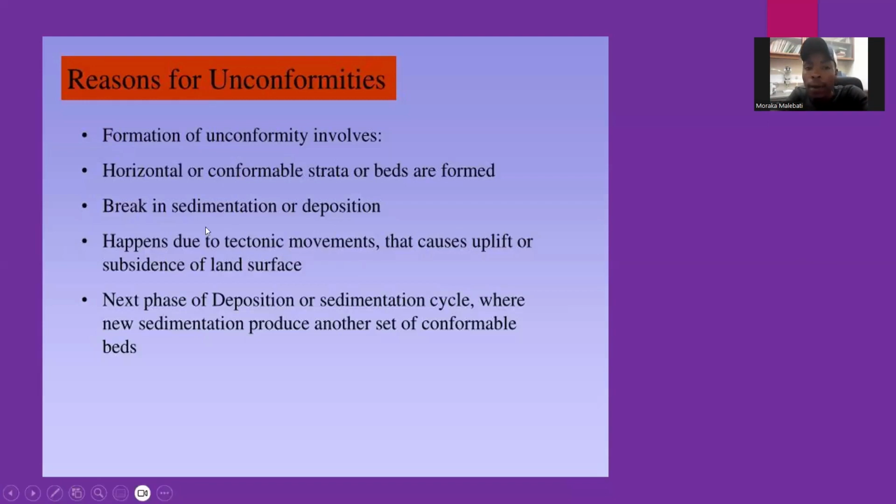This is a break in sedimentation, wherein all the sedimentation stopped. Later on it will continue, wherein new sediments, characterized by their own physical and chemical characteristics, will be deposited. And remember, if we have layers defined by their own physical and chemical characteristics, it in itself will tell us much about the environment of deposition.